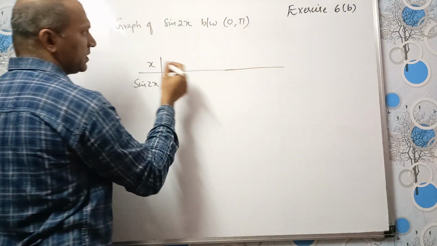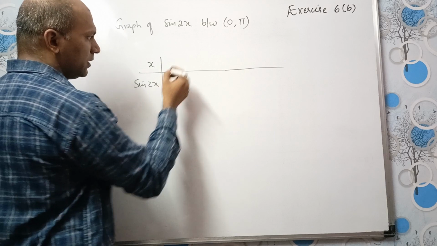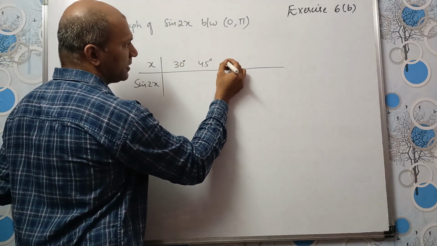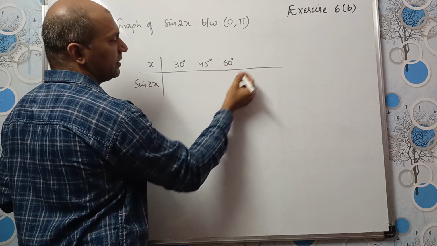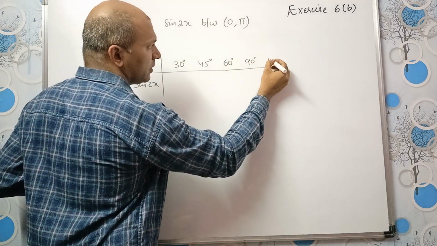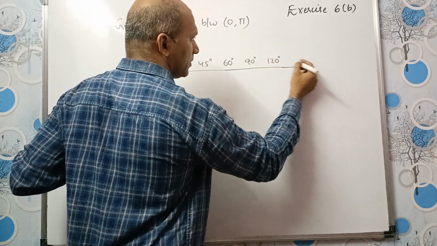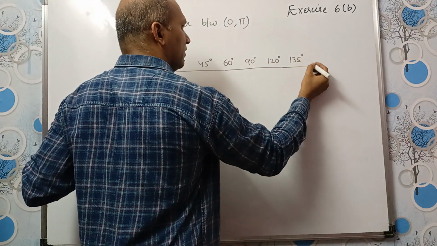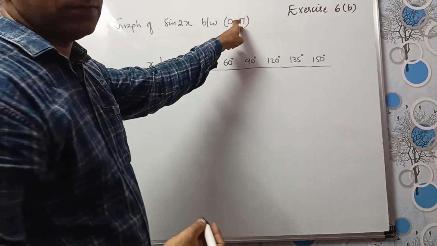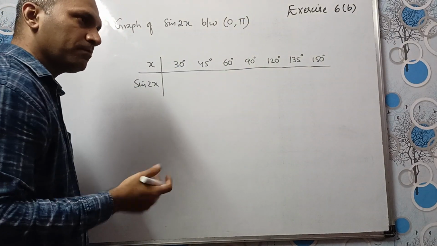We should not include 0, right? So let us start from 30 degrees: 30, 45, 60, 90, 120, 135, 150 degrees. Don't include 180, pi, don't include it, right?